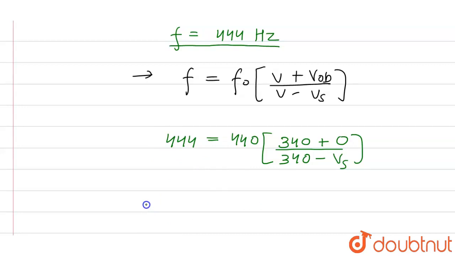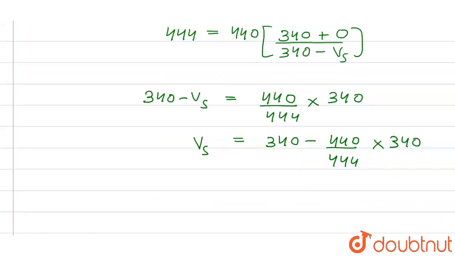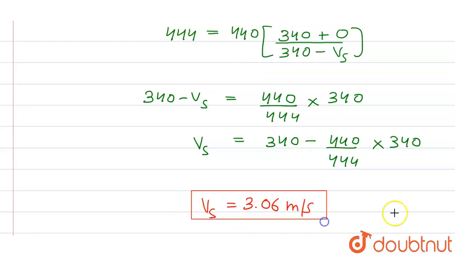On rearranging, 340 minus Vs equals 440 divided by 444 times 340, so Vs equals 340 minus 440 divided by 444 times 340. On solving, Vs equals 3.06 meters per second. This is our answer for the first part.